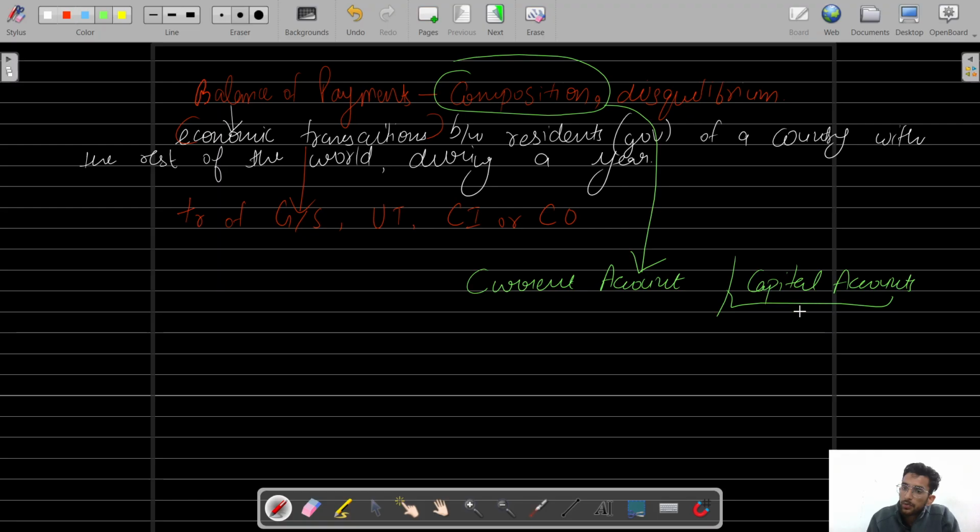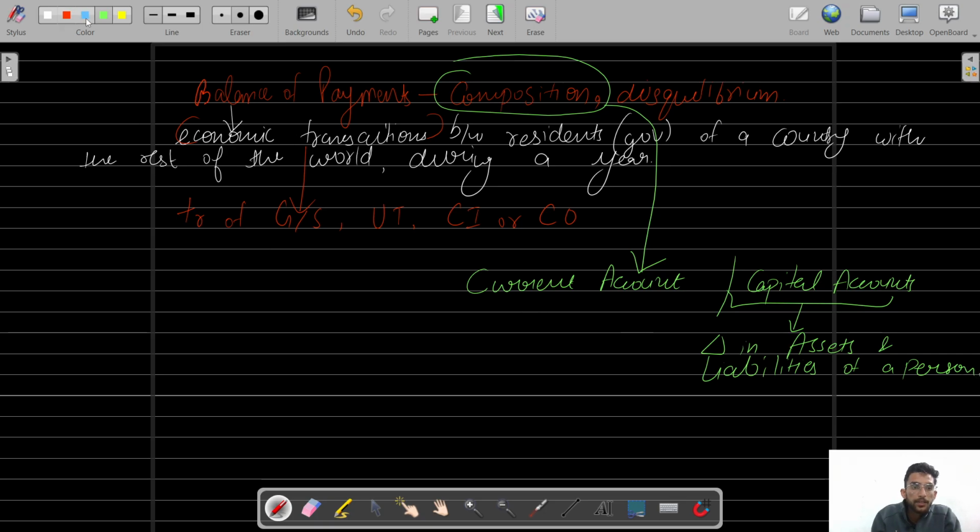In the capital account, we study changes in assets and liabilities of a person or a government.